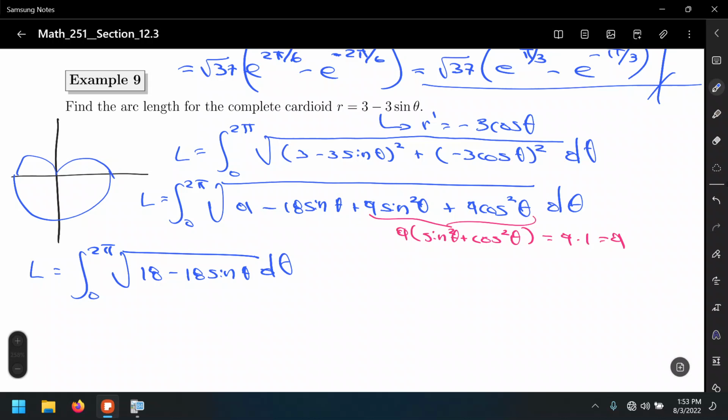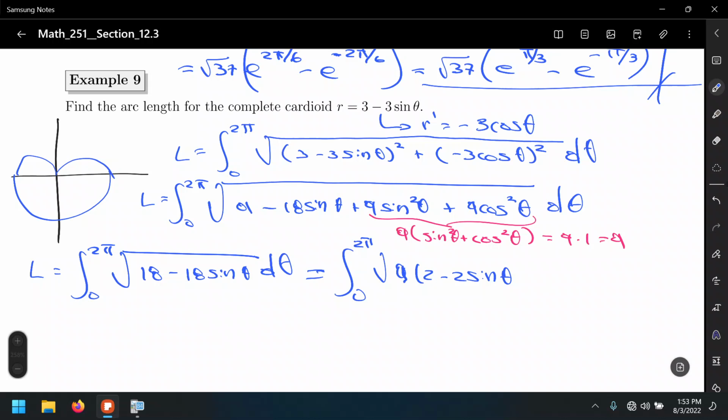However, we can factor out a 9 to write this integral in a lot simpler terms, so we can use the square root. So that's the square root of 9 times 2 minus 2 sine theta.